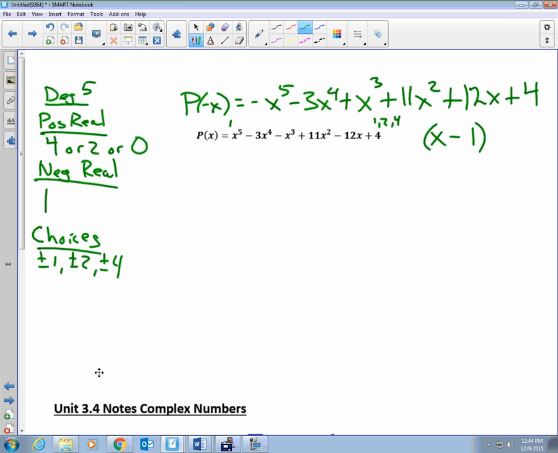Let's divide it out. I drop down the first number. 1 times 1 is 1, add negative 2.